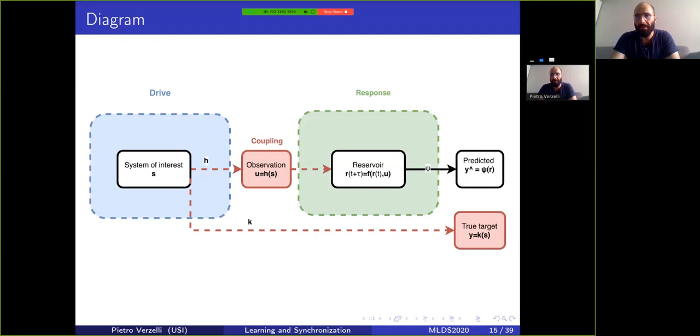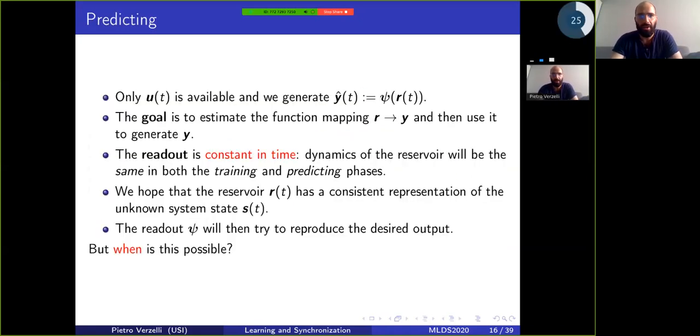And then it learns to predict Y hat through the function psi. So psi reads the reservoir state R and generates Y hat time by time. The true value of the target is Y, which is generated by a function K reading the system state S. Okay, I think this is a nice diagram showing what's happening.